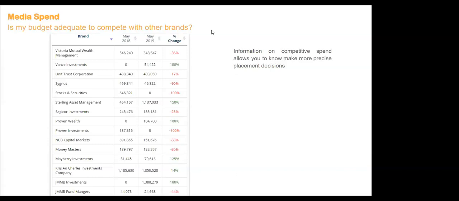So maybe you decide, okay, well, listen, I need to allocate more to radio, or it may be that you have a particular strategy, you're going after a target audience, and that audience is focused on newspaper.